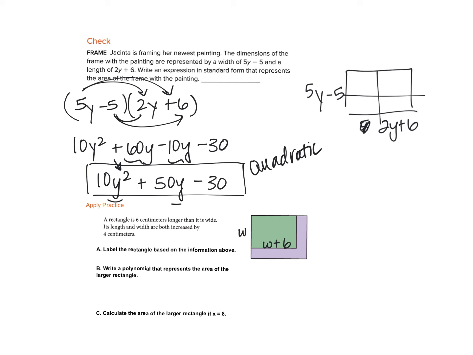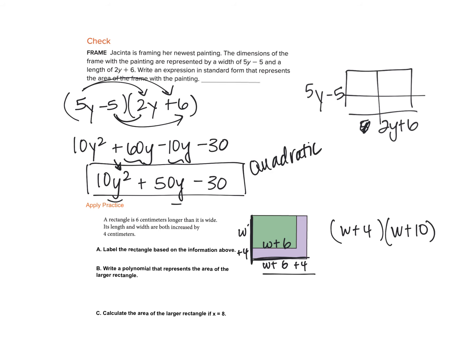Okay, then it's both increased by 4. So down here it'd be like plus 4 more. And down here, I still have my W plus 6 plus this little extra 4. Okay, so the total width of the larger rectangle is W plus 4. And then of this big purple one, times, this would actually be W plus 10.